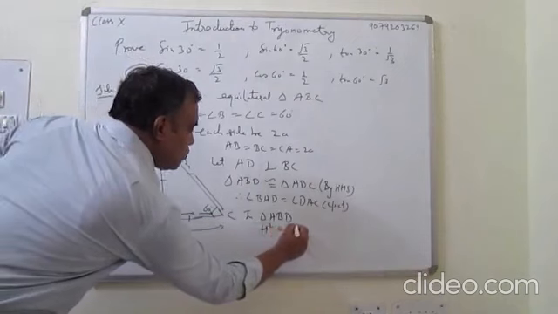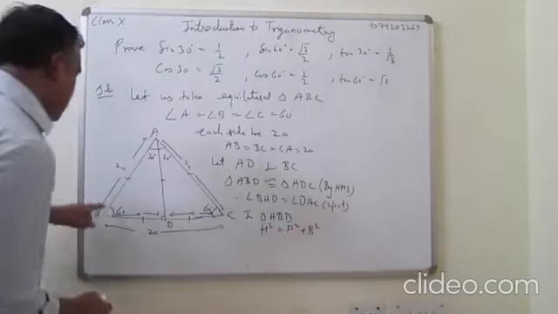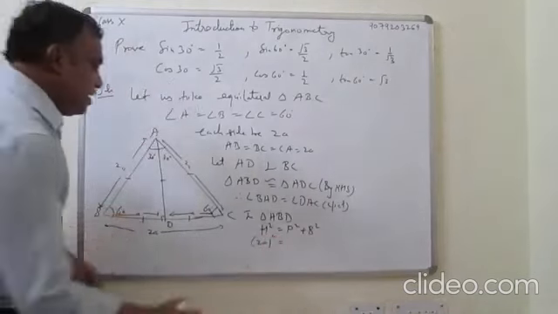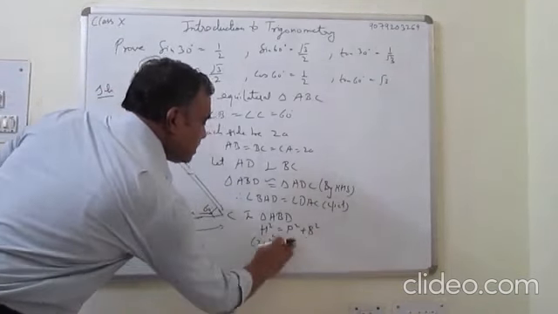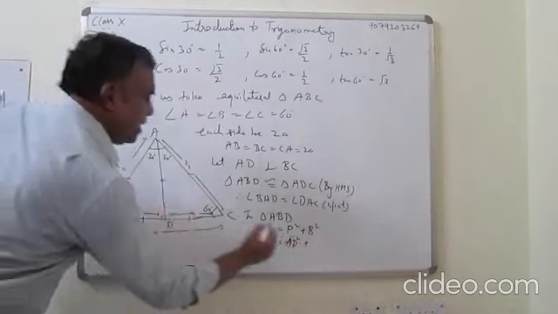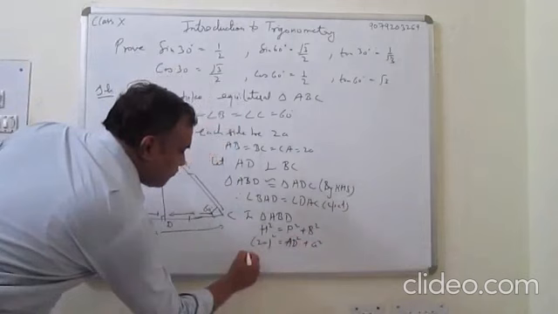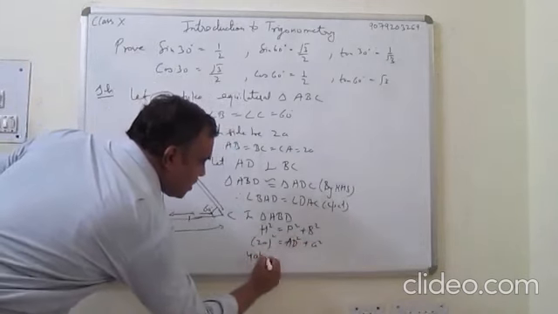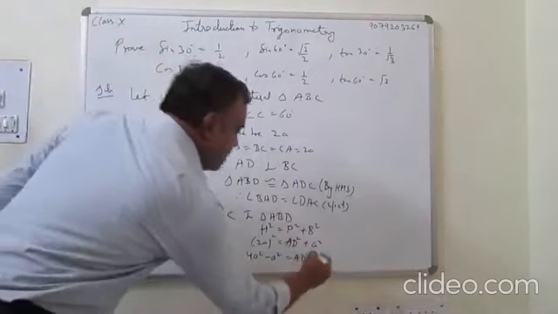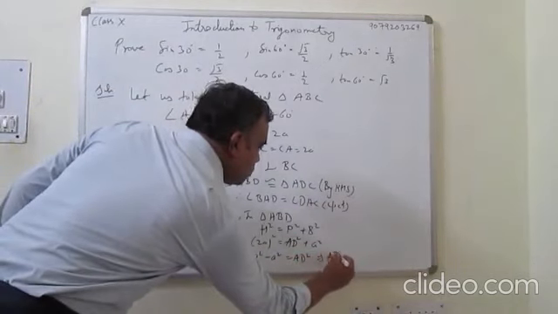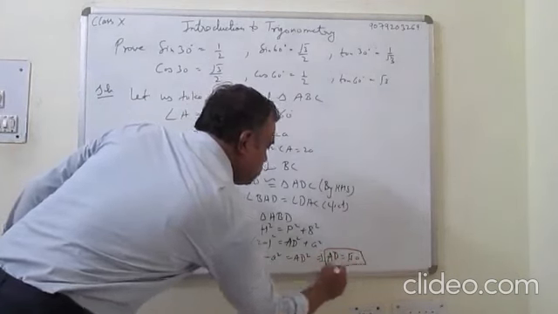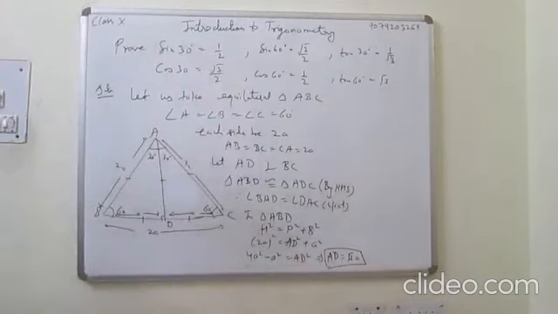Hypotenuse square is equal to P square plus B square. Hypotenuse 2A whole square is equal to P square, that is AD square, plus base A square. So 4A square, this A square comes here, 3A square is equal to AD square. This implies AD is equal to root 3A.